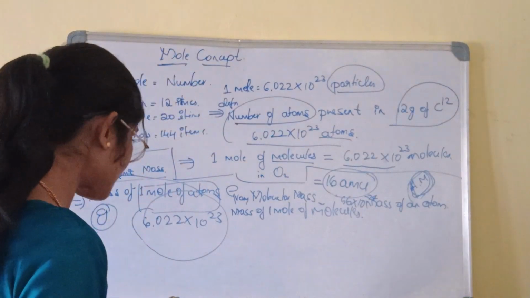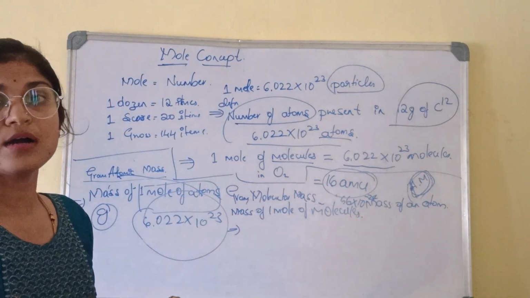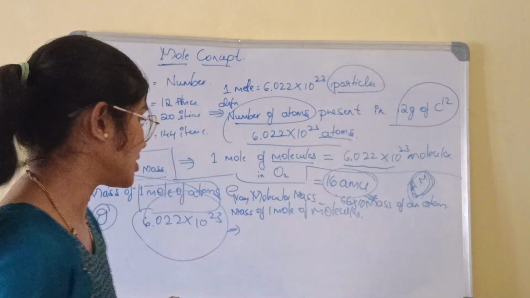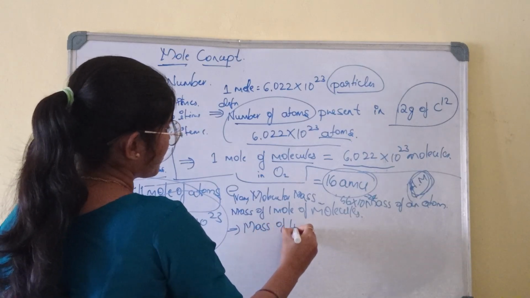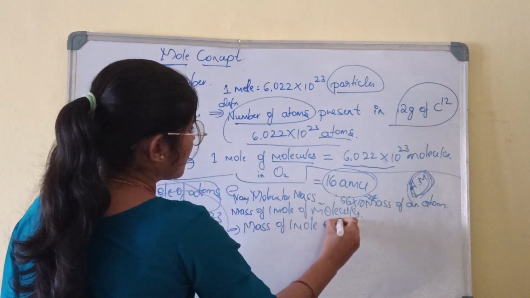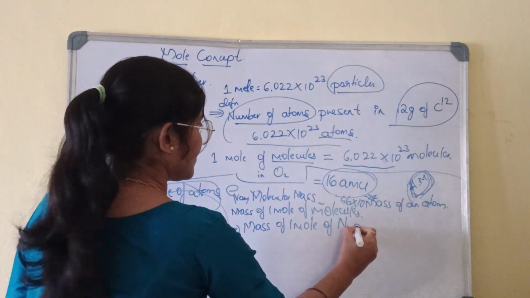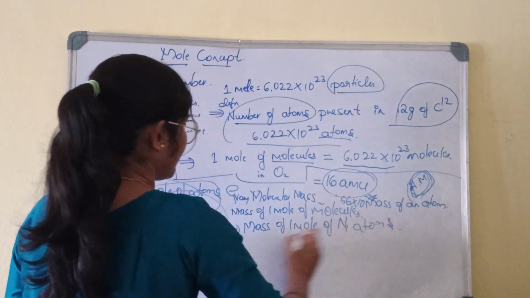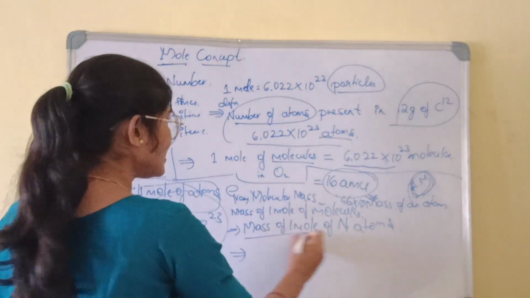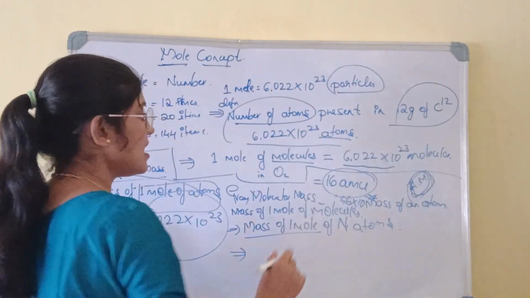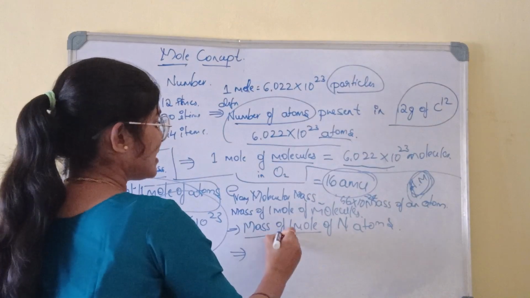For example, what is the mass of 1 mole of nitrogen atoms? What is the atomic mass of nitrogen? It is 14, multiplied by the mass of 1 mole.